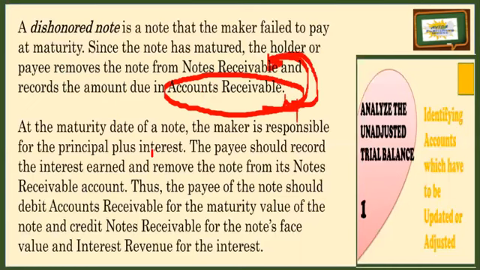At the maturity date of a note, the maker is responsible for the principal plus interest. The payee should record the interest earned and remove the note from its notes receivable account. Thus, the payee of the note should debit accounts receivable for the maturity value of the note and credit notes receivable for the note's face value and interest on the note.